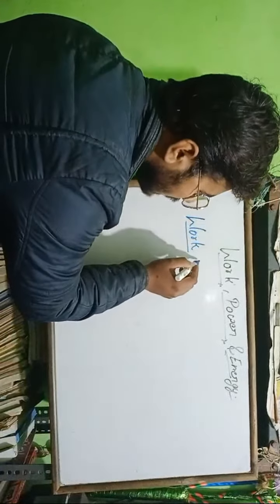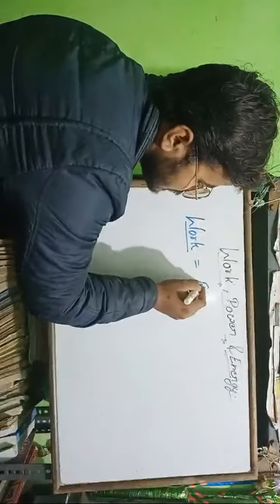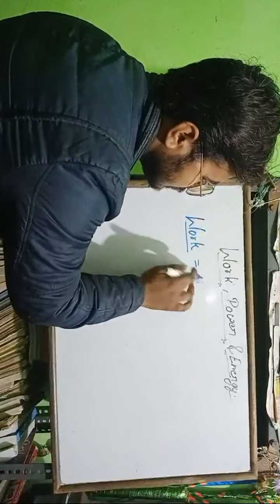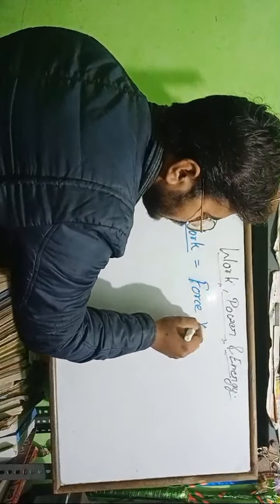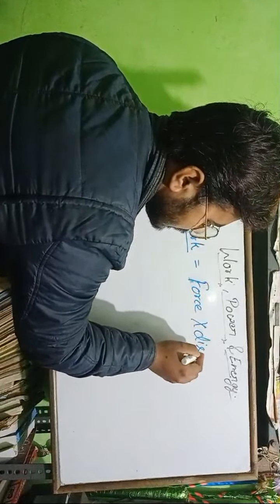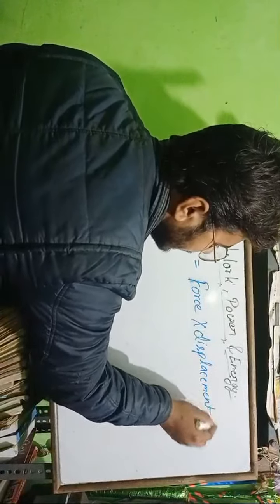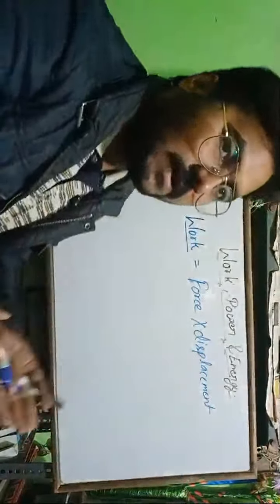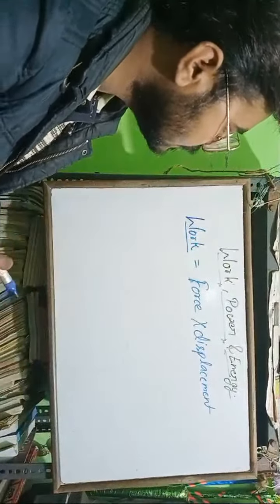What is the SI unit of work? Before that, first of all, we have to understand the formula of work. I've already told you that work done means force into displacement. If we have applied force and there is displacement, then we can understand there would be work done.